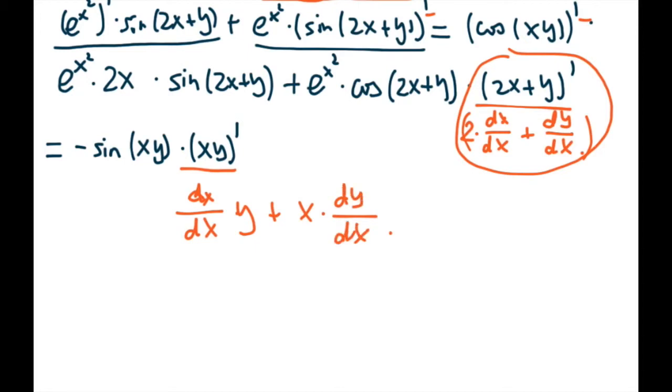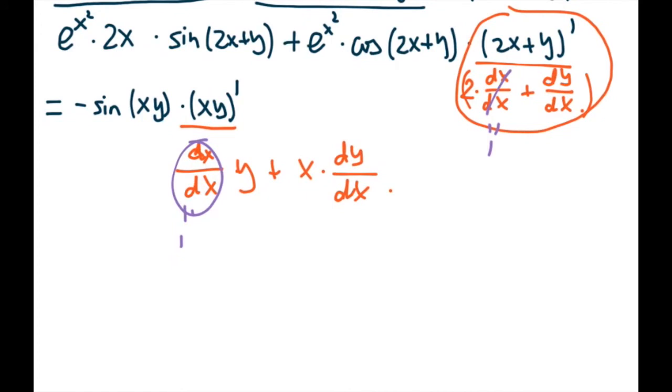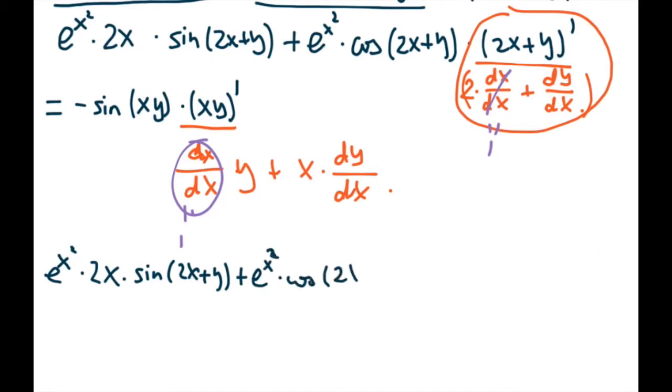Now we can see that dx over dx is just 1, and dx over dx is just 1, so we can simplify our result as e to the x squared times 2x times sine of 2x plus y, plus e to the x squared times cosine of 2x plus y times 2 plus dy over dx.